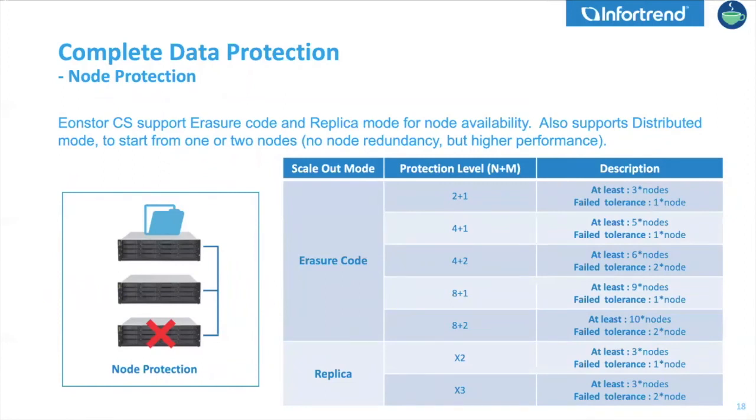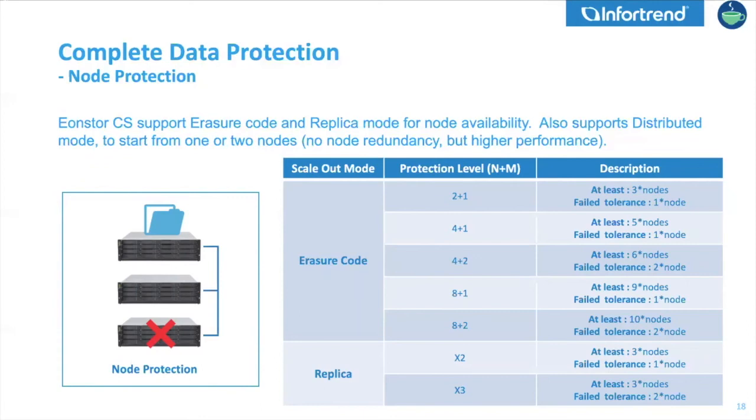That provides you fault tolerance against not only hard drive failure in the node, but it also provides hardware protection against failure of a node itself. As you can see here, I won't go through all of them. There are some basic examples of the different erasure coding levels and the kind of fault tolerance that they provide. And then we also have the replica option, which is just as it sounds. This is where individual files are replicated either 2 or 3 times.